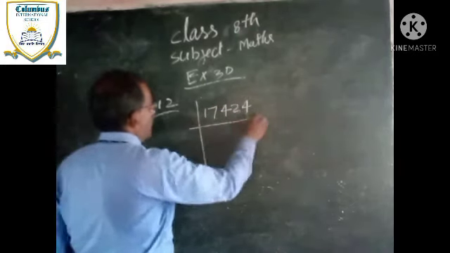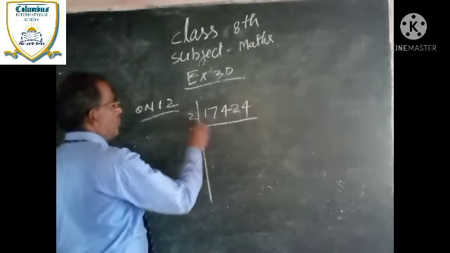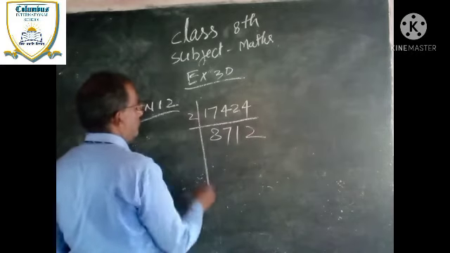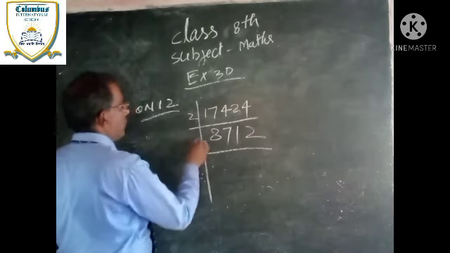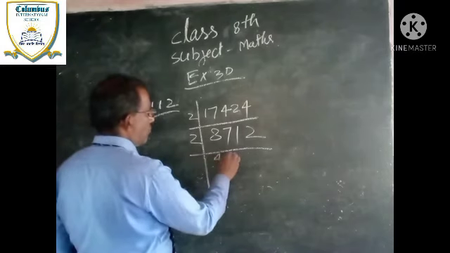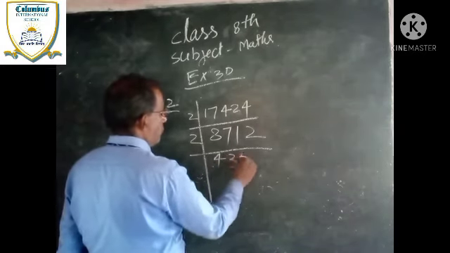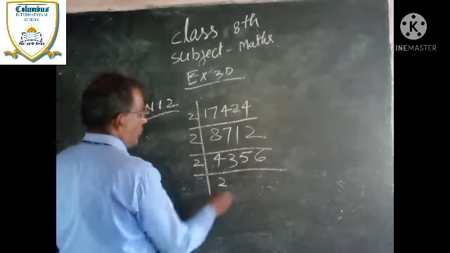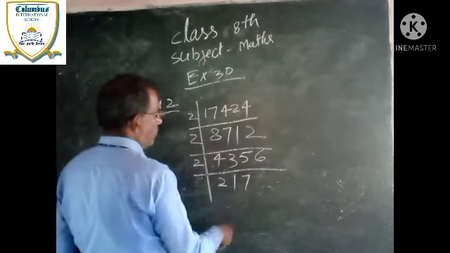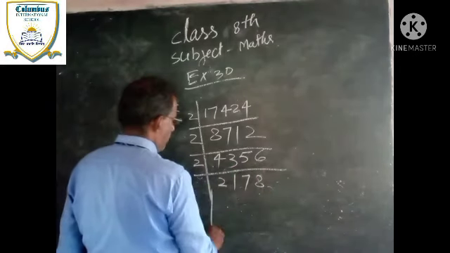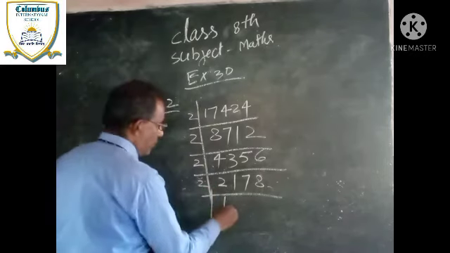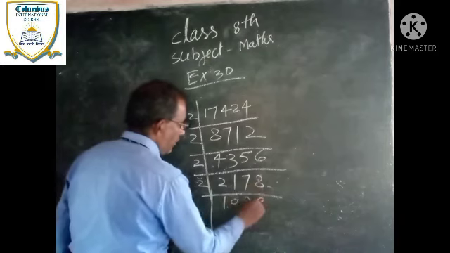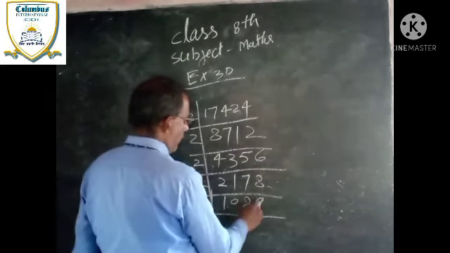First of all, we shall divide by 2. 2 eights are 16, 2 sevens are 14, 2 ones are 2, 2 twos are 4, and by 2, 2 fours are 8, 2 threes are 6, 2 fives are 10, 2 sixes are 12, and 2 twos are 4, 2 ones are 2, 2 sevens are 14, 2 eights are 16. Again by 2, that is 2 ones are 2, 0, 2 eights are 16, 1 plus 8 plus 9 is 18.